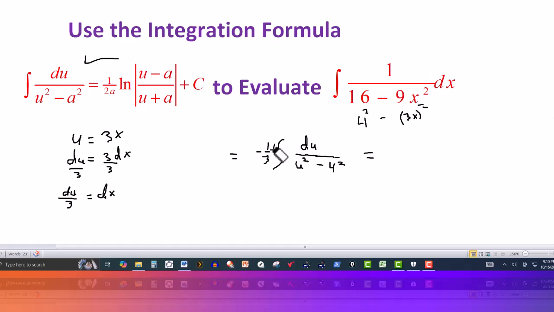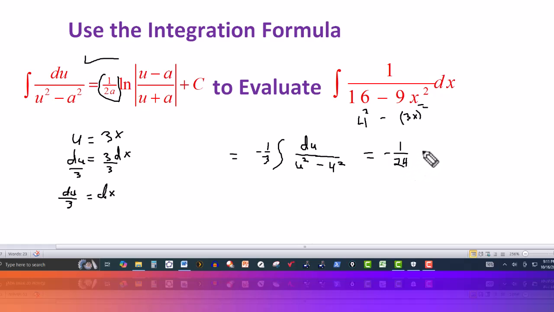So this would be multiplied by 1/8. 1 over 2 times a, and a is 4, so this would be 1/8. But remember we have the negative 1/3 in front, so it makes it a minus 1 over 24.